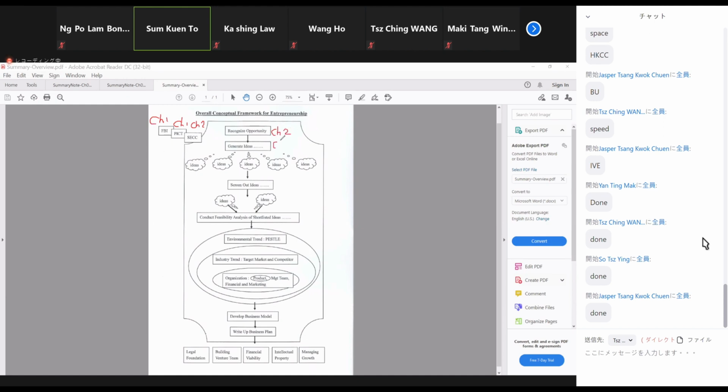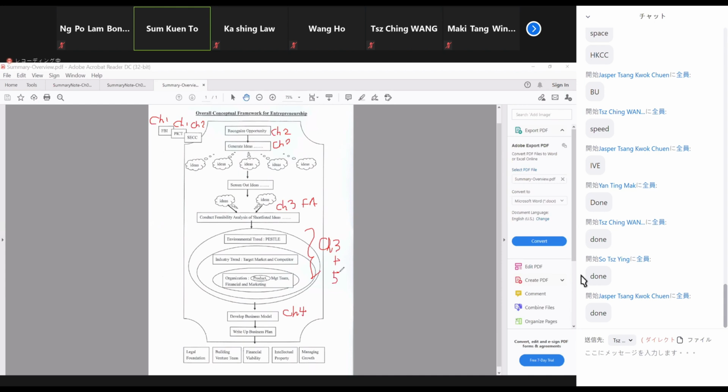We have so many ideas, we try to screen out, and that's why we have chapter 3, talking about the feasibility analysis, talking about the pit-off. And then we have chapter 4, developing a business model. We have chapter 5, chapter 3 plus 5. All right, so this is what we have covered, chapters 1, 2, 3, 4, 5.